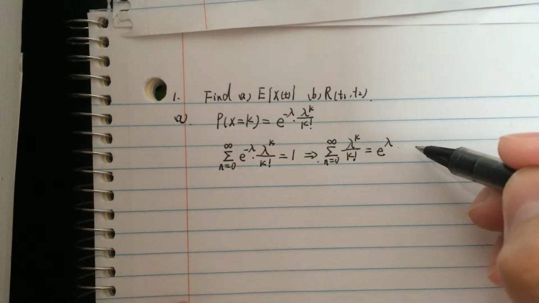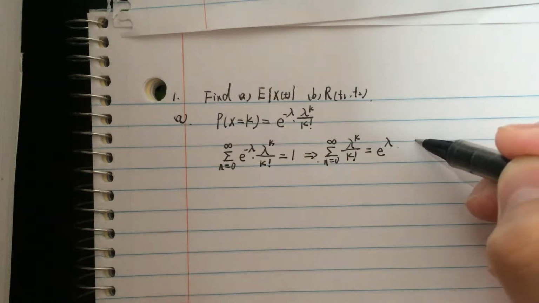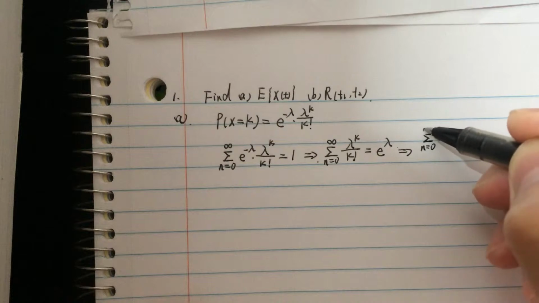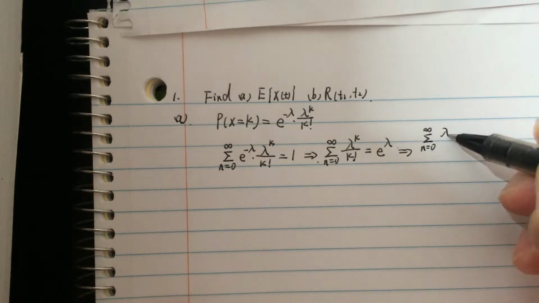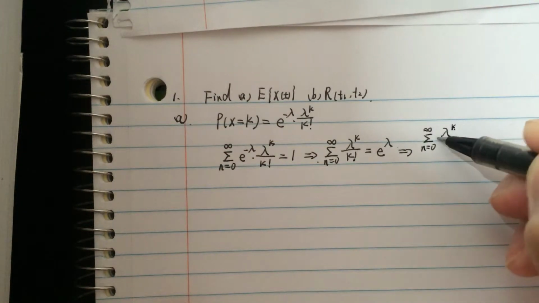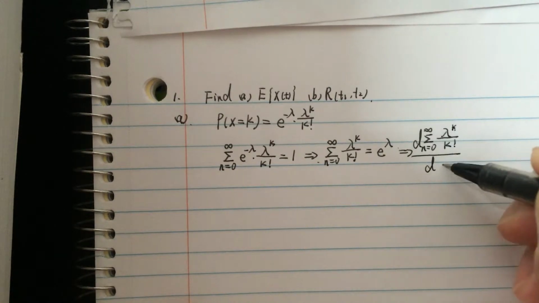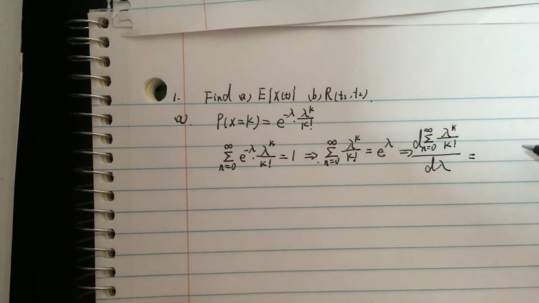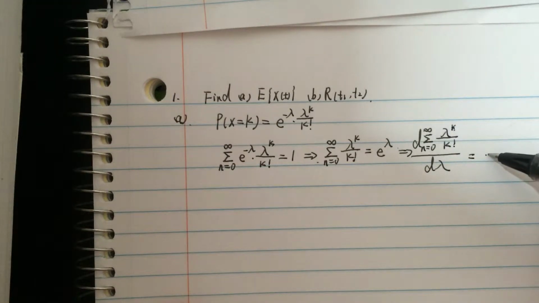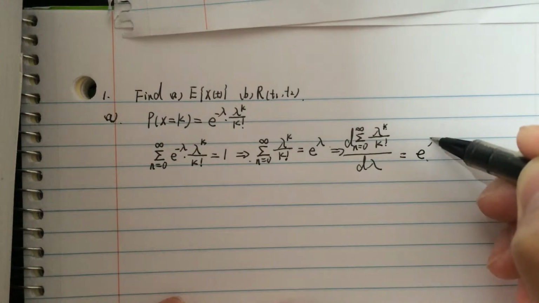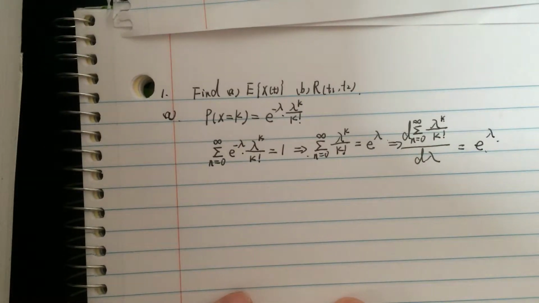And we can differentiate both sides with respect to lambda. We can get that the sum from k equals 0 to infinity of the derivative of lambda to the k over k factorial will, after differentiation, also equal e to the lambda.